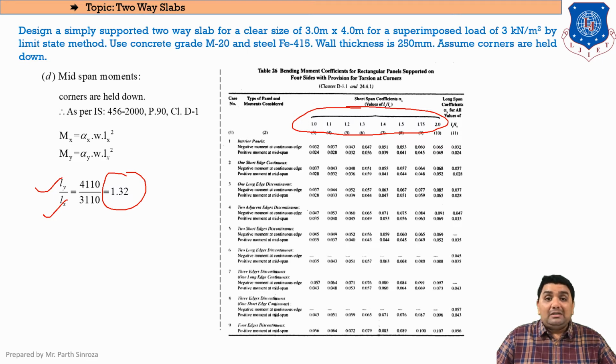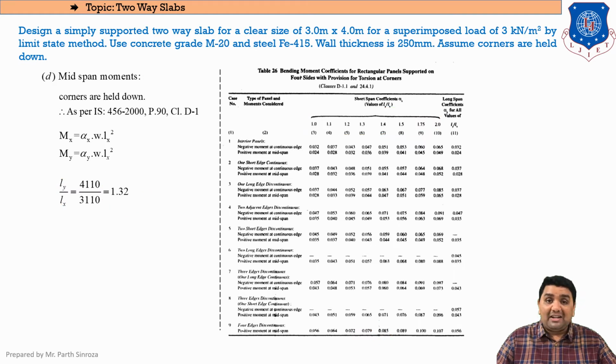So understand it and keep in mind, you always need to interpolate the values if the exact value is not prescribed here. If it was 1.3, then directly we could have written 0.079. If the aspect ratio was 1.4, we could have written 0.085, but the aspect ratio in this case comes out to be 1.32.